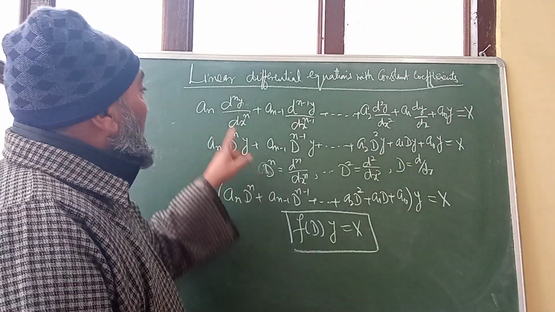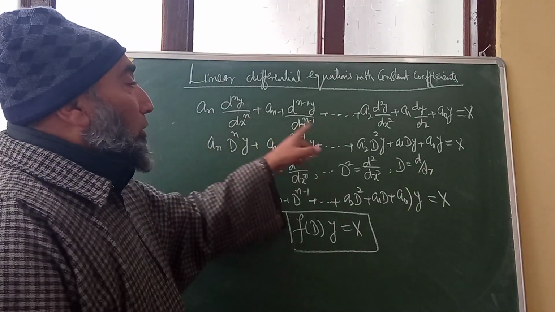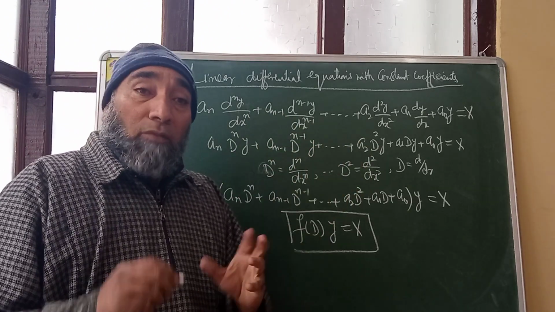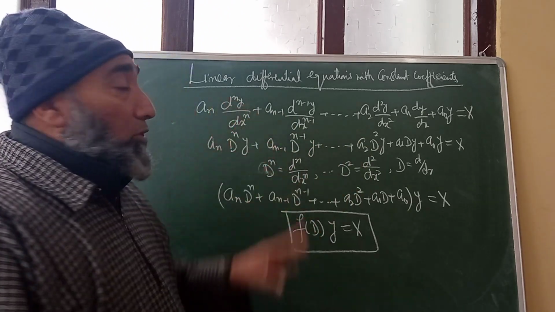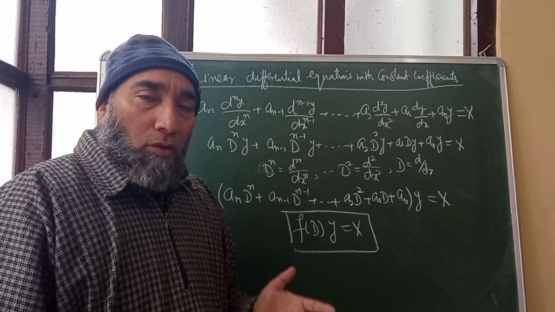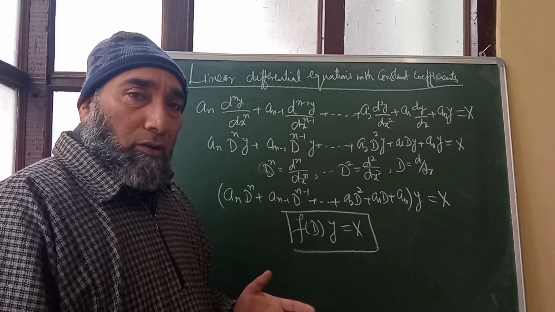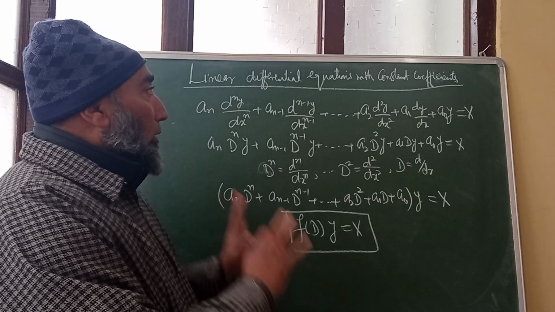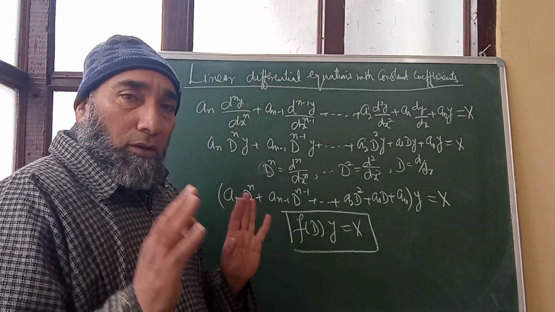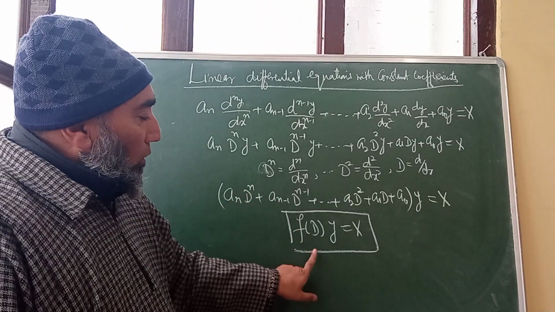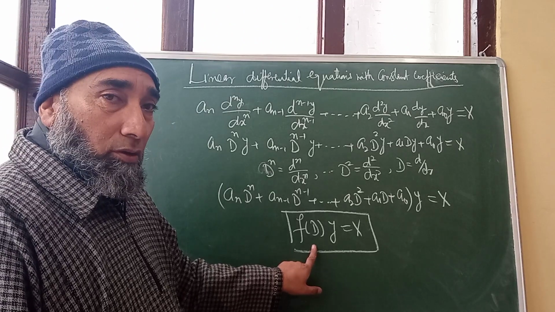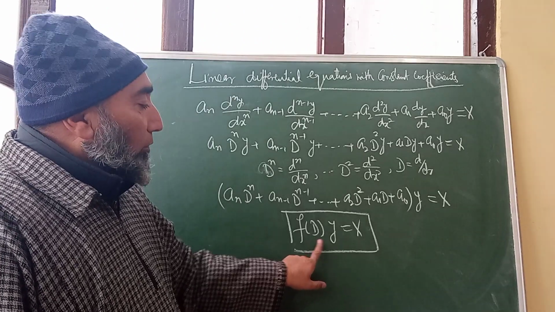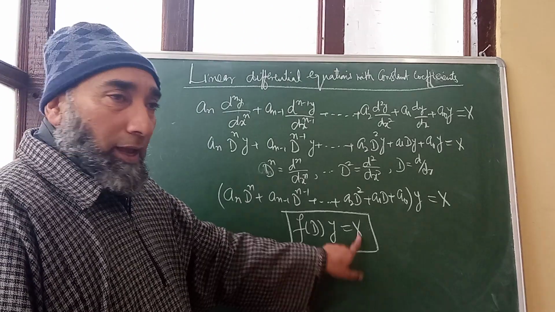If an, a1, a2, a3 and so on are variables, then this is a linear differential equation with variable coefficients. We can solve it and we will solve it later on. However, for the time being, we are going to take up only linear differential equation with constant coefficients. So, I have a linear differential equation with constant coefficient denoted by f(D) operating on y equal X.